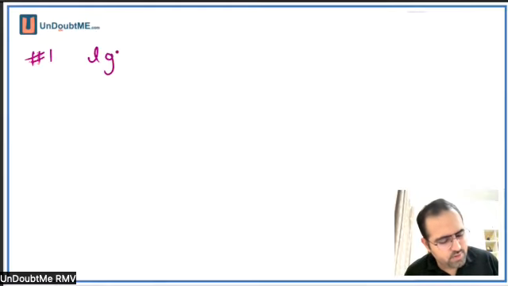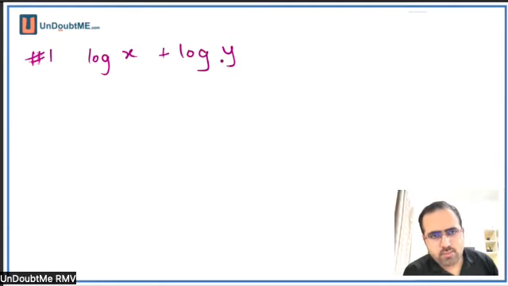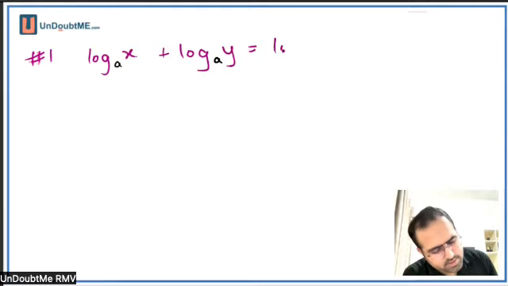If I have log of x plus log of y, in all of them I'm considering the base as same. Okay, that's why it is not required to be written. But in case anyone just out of curiosity wants to write, you can just write a. A is any general number. Okay, so it will be log of xy.